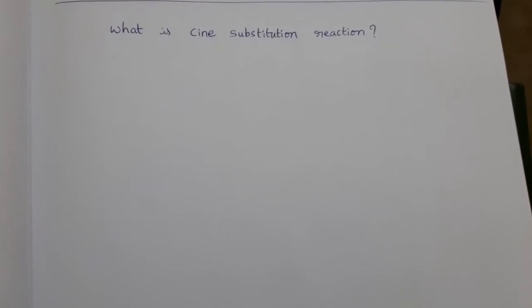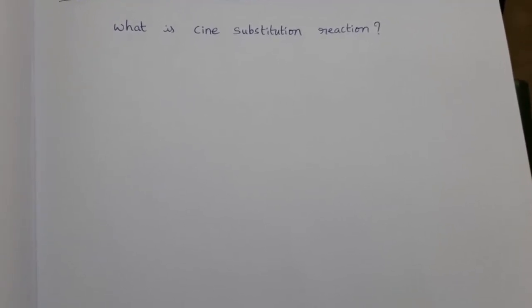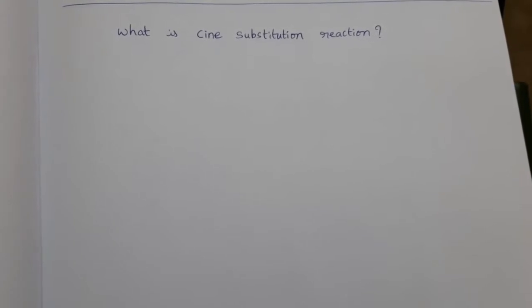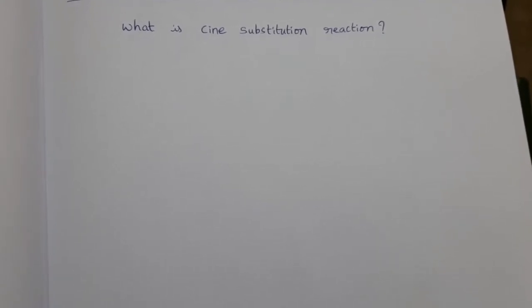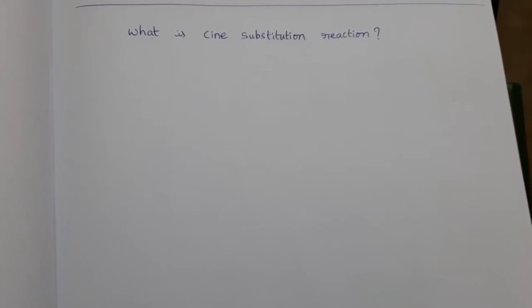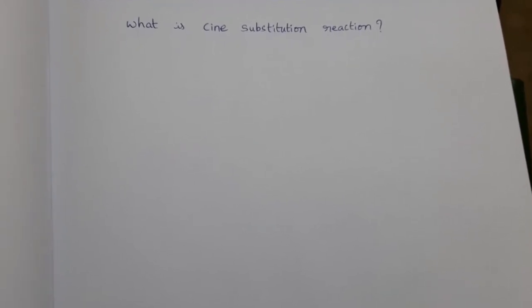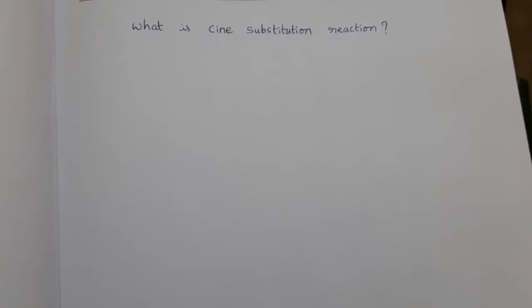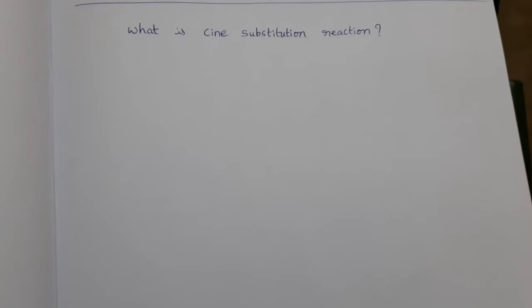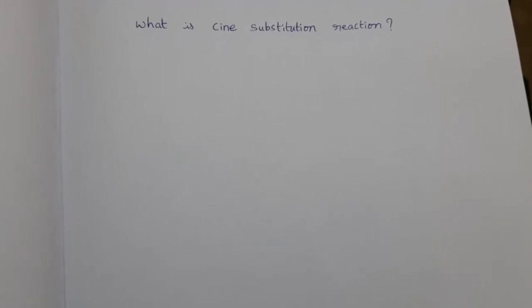Now, this cine substitution reaction we can observe in the case of nucleophilic substitution reaction. What type of compounds participate in cine substitution reaction? Aromatic halides. Aryl halides undergo cine substitution reaction. That means nucleophilic substitution reaction takes place involving aromatic halides.